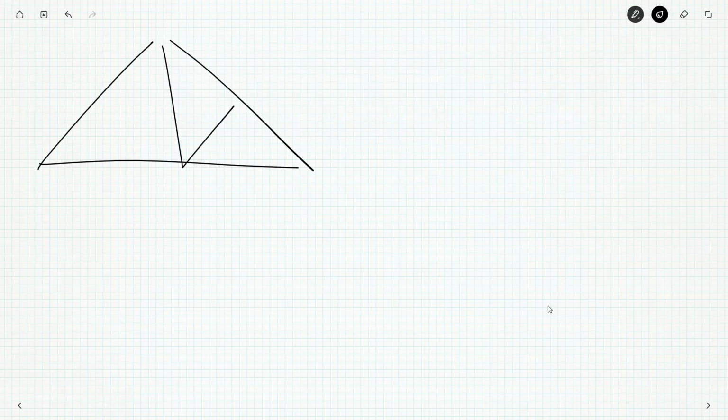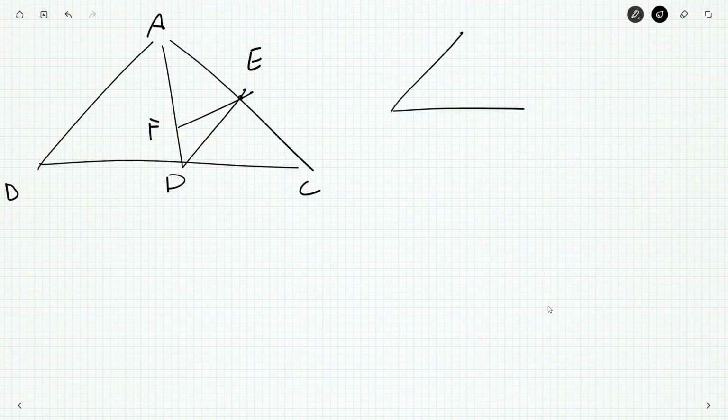Now I know what AED is. Let's draw a picture again. AE. Don't really need the F anymore. Okay, so now what we're looking at is D, A, C. And we've got E down here.